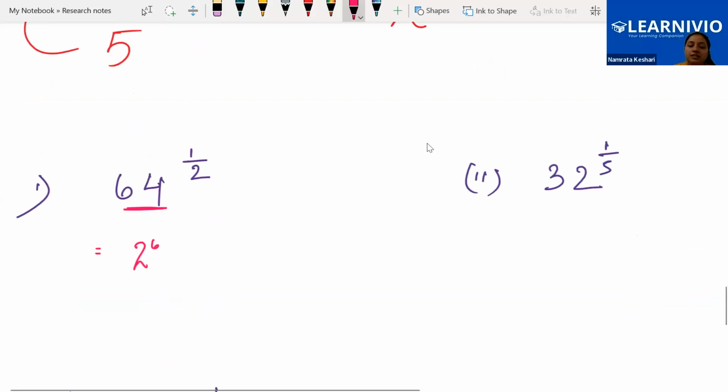So we can write 64 as 2 to the power 6 and that is having power 1 by 2. Is it clear? Samya, Shad, Arhan? Yes, ma'am. Okay, we can write it as, now what can be written over here?